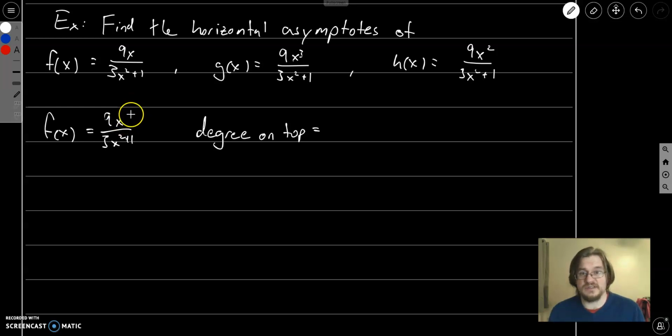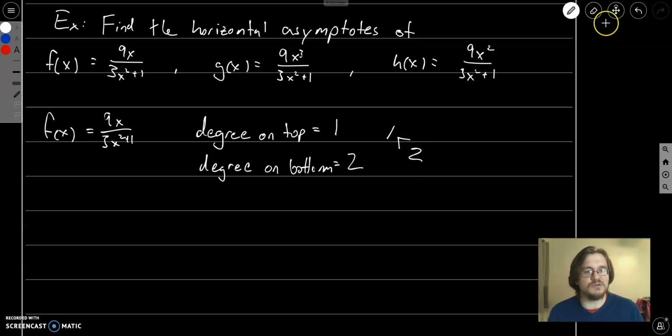Anything by itself is just to the first power. So the degree on top is 1. The degree of the denominator is going to be 2. The largest power of x on the bottom of the fraction is 2. So the top has a smaller degree than the bottom. So 1 is less than 2.